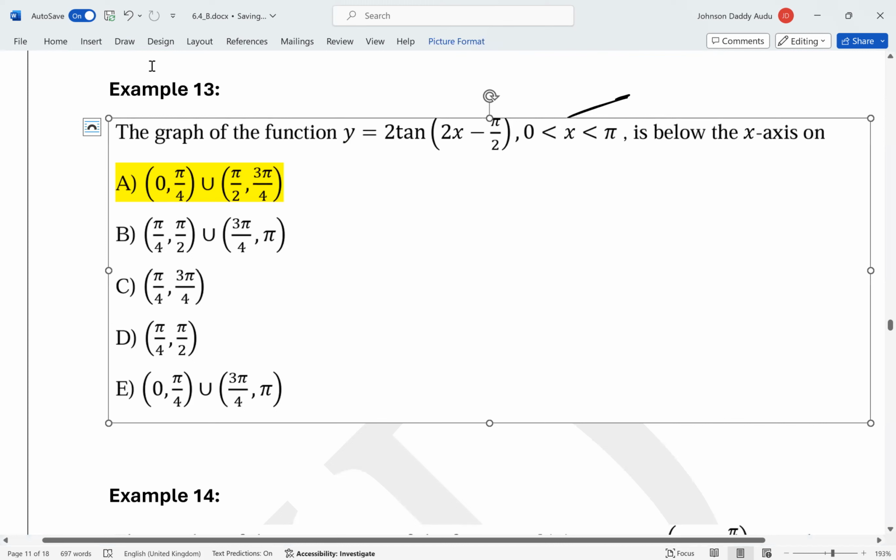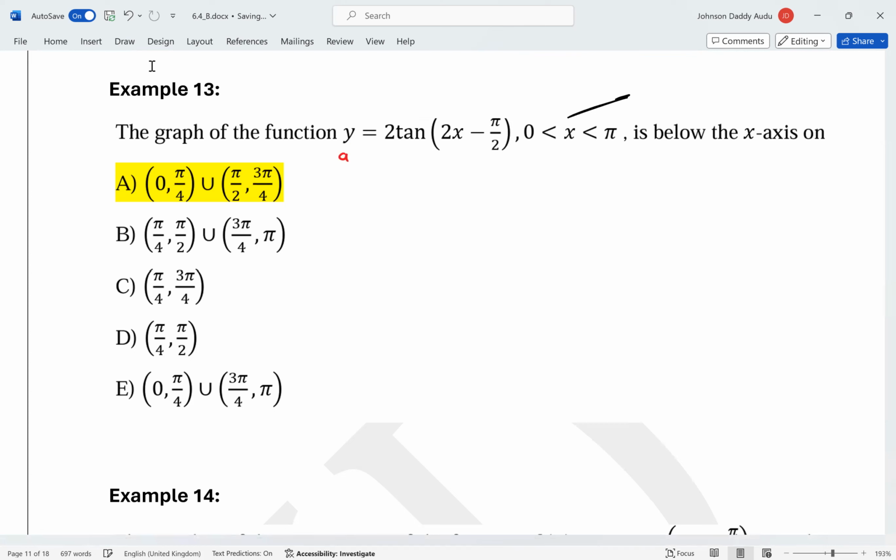So here we need to look at what is A. For example, here A is 2. K is 2. And B is minus pi over 2. So the first thing I will get is the period, which is pi over k, and this is going to be pi over 2, right? Because k is 2.